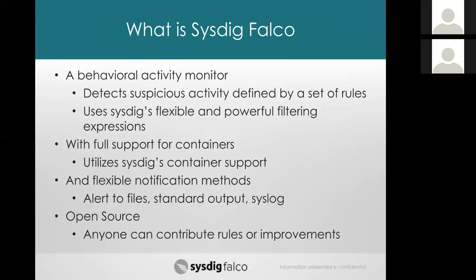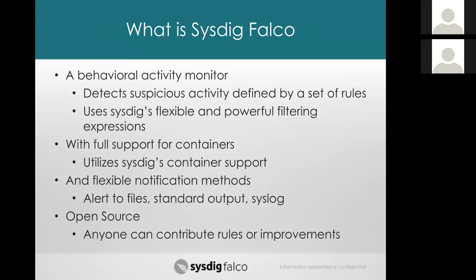So we start with all the great things that Sysdig has and build a rule system on top of that. Because it uses Sysdig's system call analysis, you get all the great things Sysdig gives you right off the bat. It has full support for containers, Kubernetes, Mesos, and everything, which is a great way to power the set of rules that Falco provides.